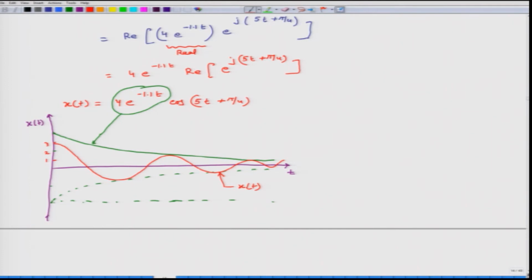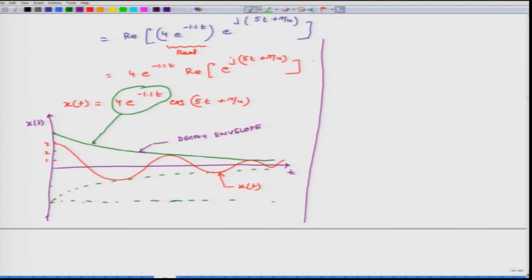Now, let us try to understand the meaning of all the terms which we have seen so far. This curve is called the decay envelope. It tells how fast this red curve is going to decay.